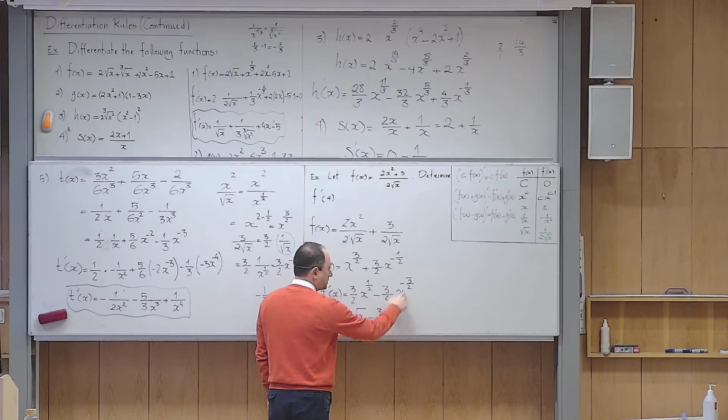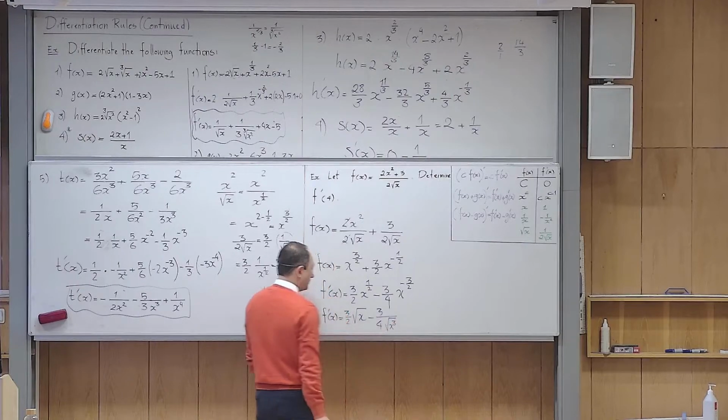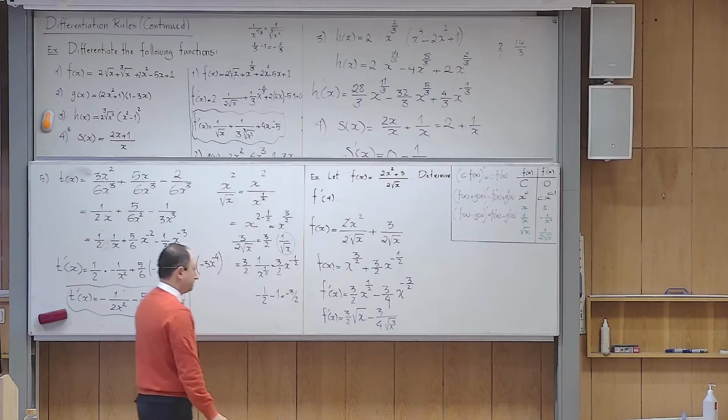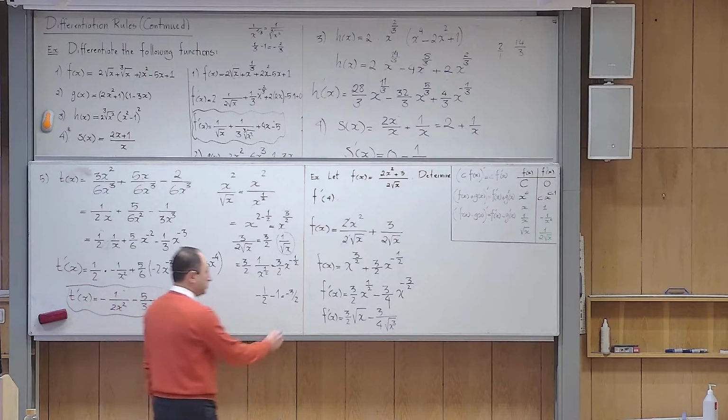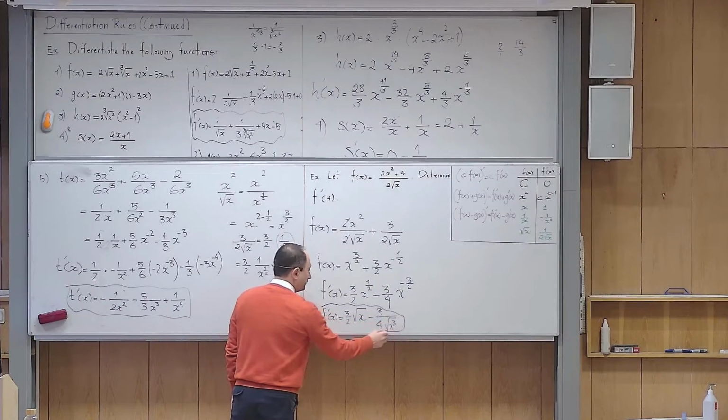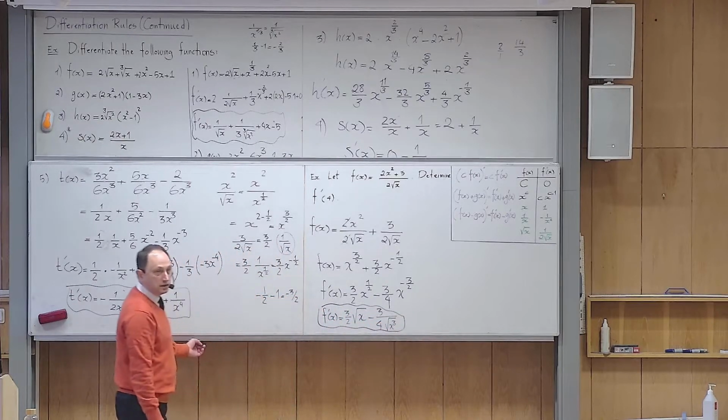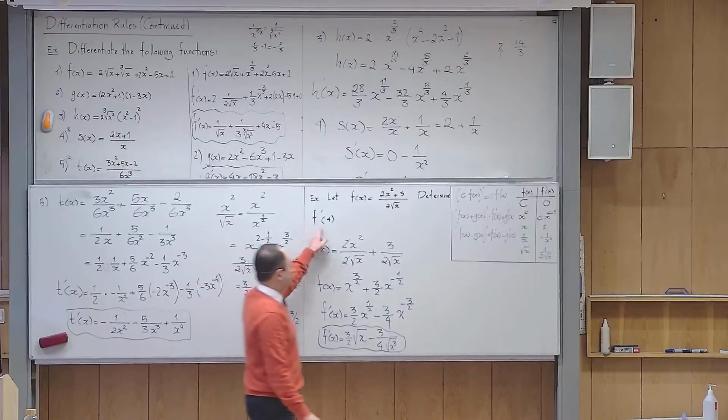This becomes positive 2/3, and this becomes the square root of x to power 3. So this is my derivative. When the derivative in its final form is ready, then you can calculate this number.